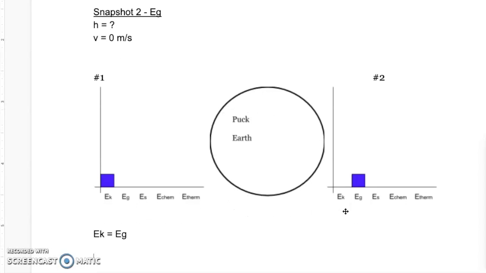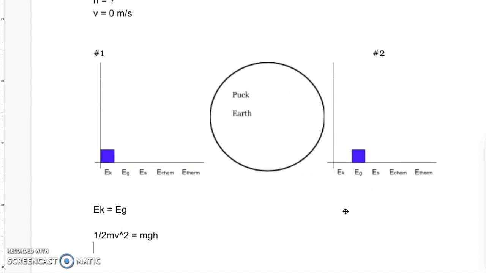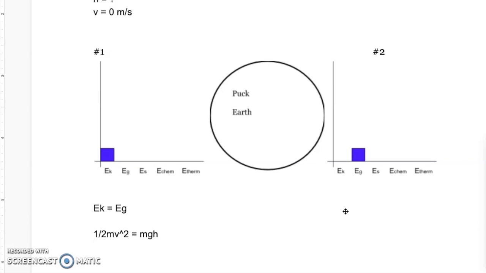So I might say, 1/2 mv squared equals mgh, and that h is what we're looking for. Some of you can quickly see algebraically that the m's divide out. This transfer of energy is independent of the mass, so no matter what mass that puck is, it'll go to the same height.